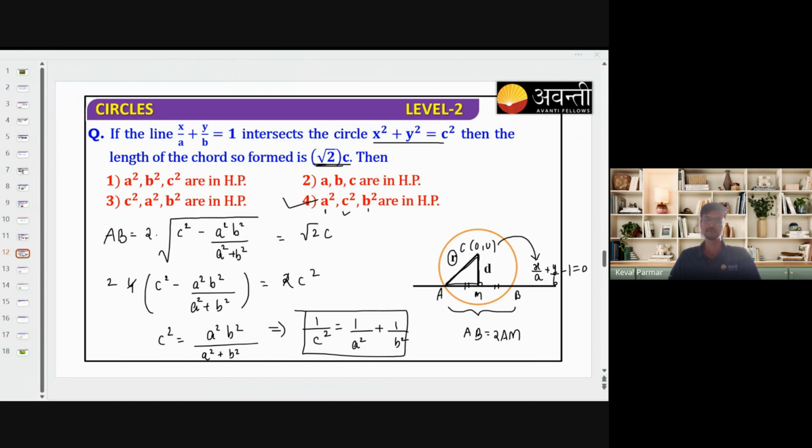Explain once again. Which part, dear? The calculation part. Should I explain the calculation part or the concept you didn't understand?